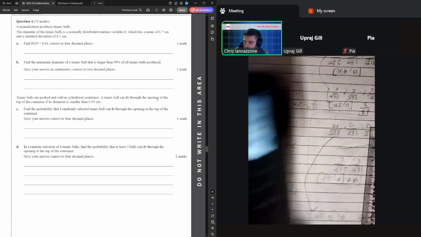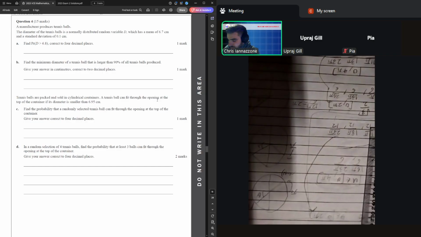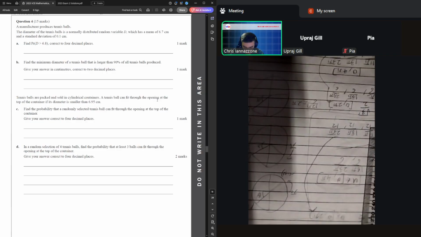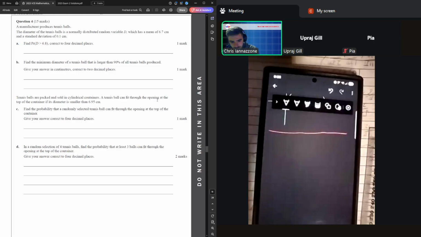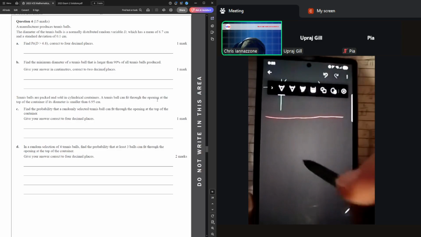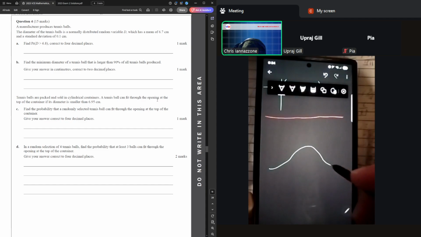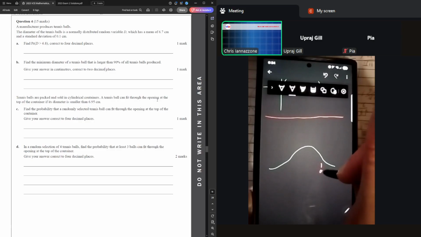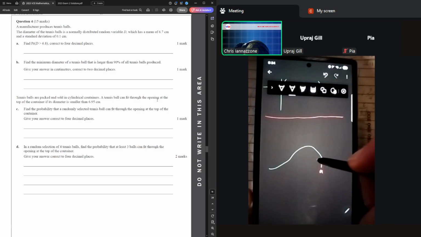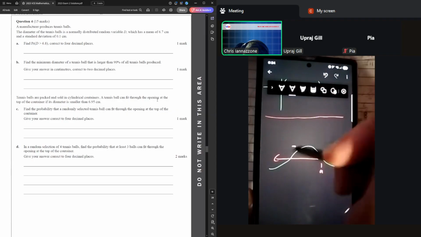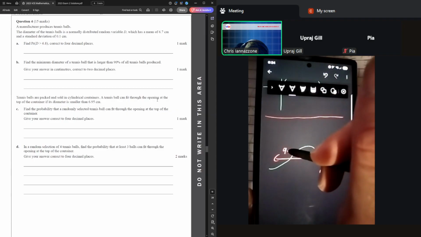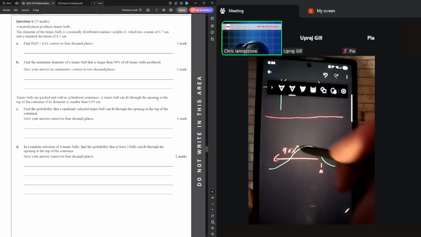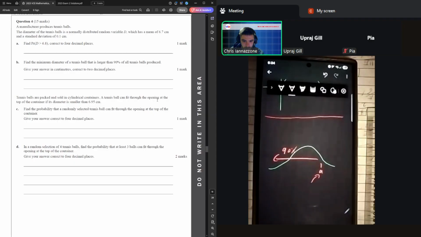So basically, what this means is, if I turn on my phone again so I can draw a visual of what's going on here, you have your normal distribution, and you want to find the value of a that's bigger than 90% of all the other possible values, which means left of here all the way to infinity accounts for 90%. And you want to find what this is.